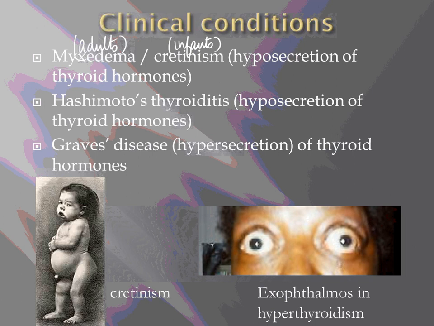Myxedema: there's less thyroid hormone, so what will happen? The basal metabolic rate is low. These people are not metabolizing enough, so they are very tired, extremely lethargic. Protein synthesis is not occurring. Remember, that was one of the functions of thyroid hormone. So you'll find that the hair is extremely straggly, and the skin tends to bruise easily because keratin, the protein formed in skin, is not being formed properly.